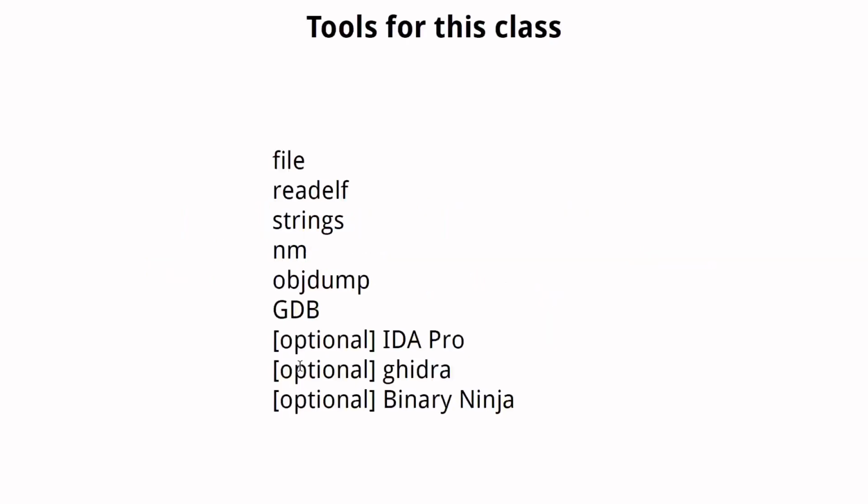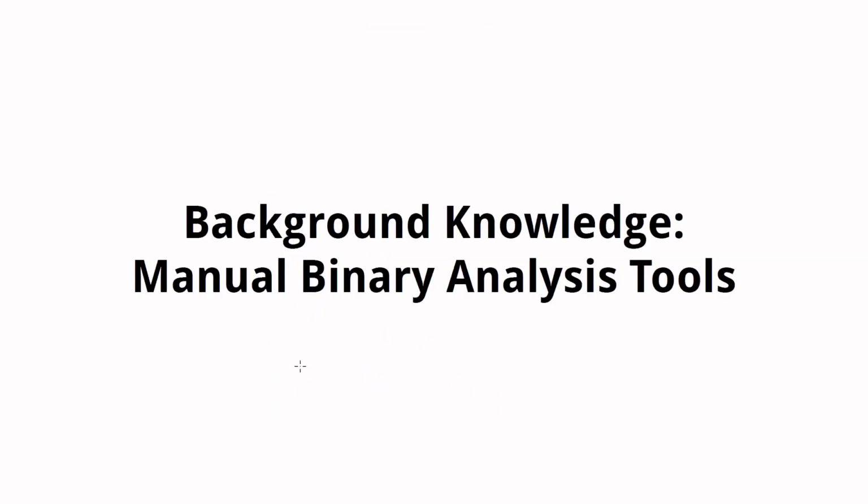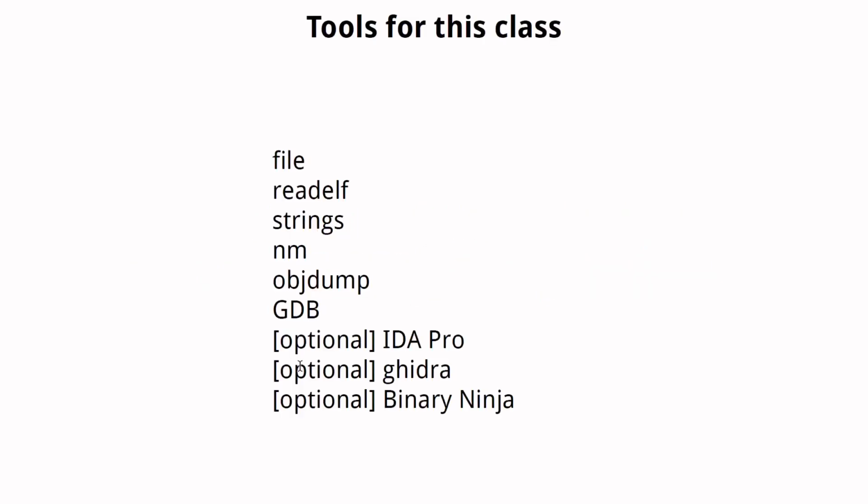Okay, last piece of background knowledge is binary analysis tools. In this class, you can use any binary analysis tools. For all the demos, I will just try to use objdump because this is a very simple, free tool. On the platform you are using, we didn't install anything else.